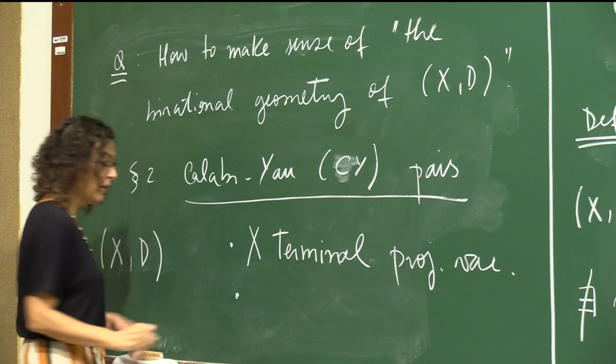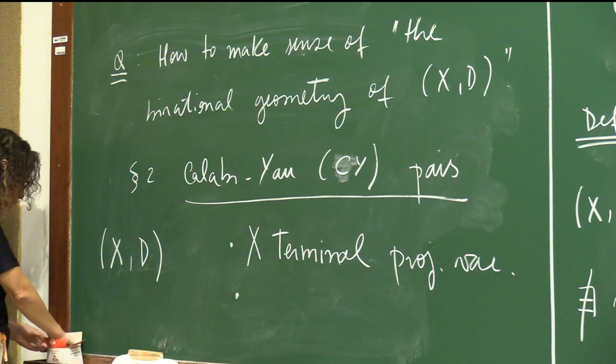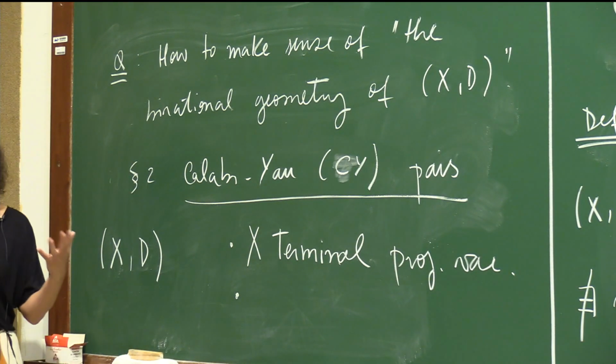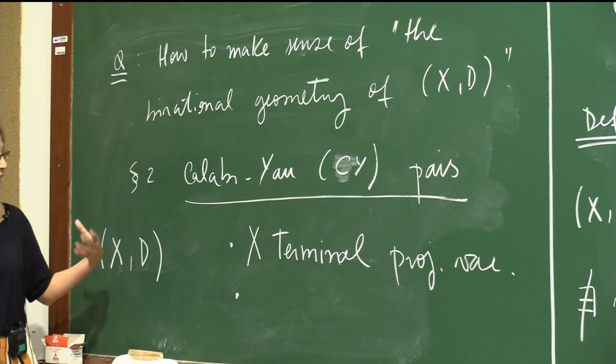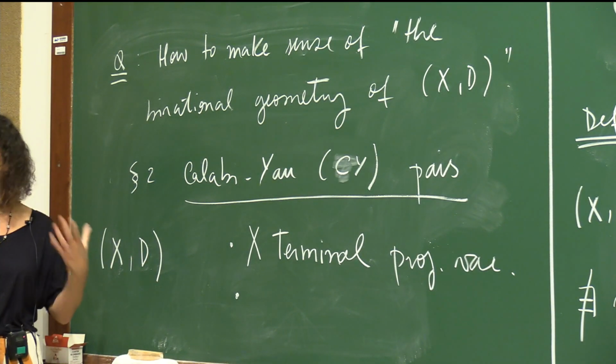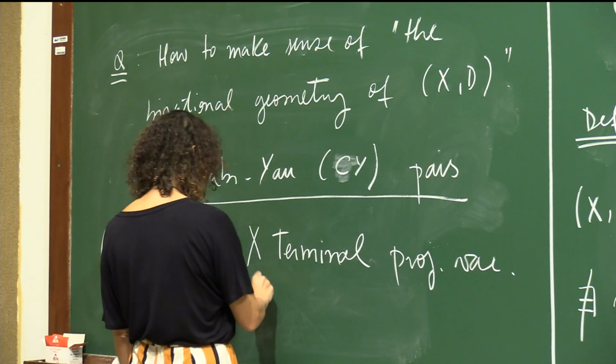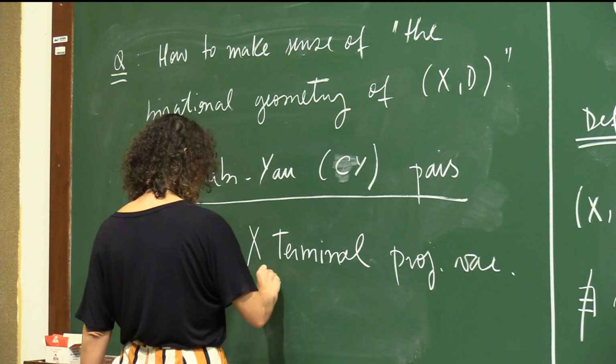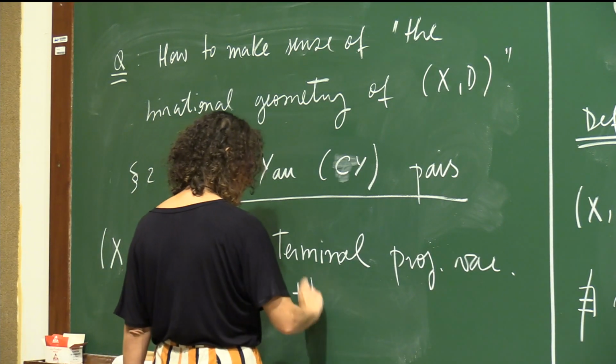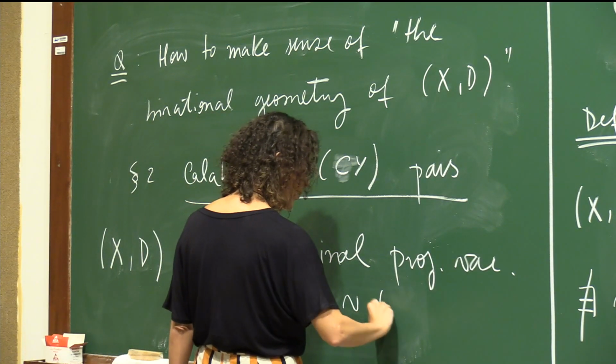D, again, for me now, D will always be a Weil divisor. So this is really a sum of divisors with integer coefficients. And I will require that this divisor is such that K_X + D is linearly equivalent to 0.